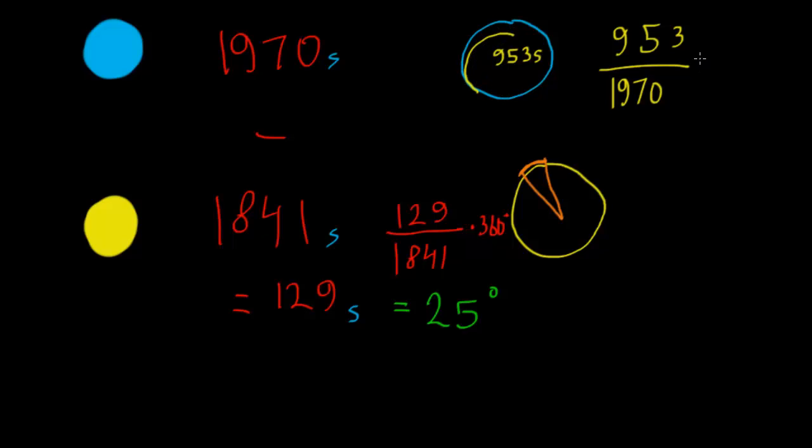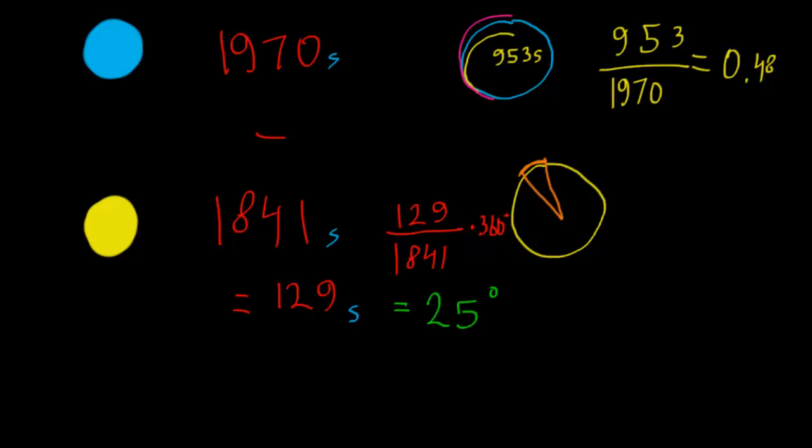So here, this is going to be approximately 0.48. So essentially, in the time that it takes the yellow spaceship to do a Hohmann maneuver, the blue spaceship will have covered 0.48 of its actual orbit. So not exactly half, but almost half of its orbit.